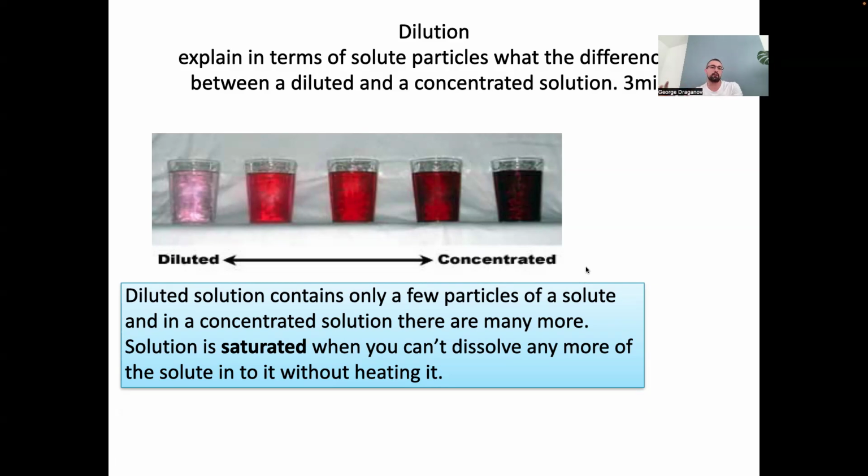That's actually one of the next lessons. We're going to talk about all the S words, such as solute, solvent, saturated. But we briefly mention it here. A solution is saturated when you cannot dissolve any more solute into it, unless, of course, you heat it.